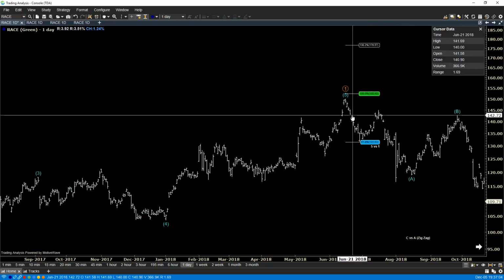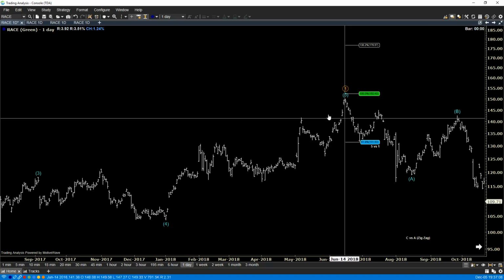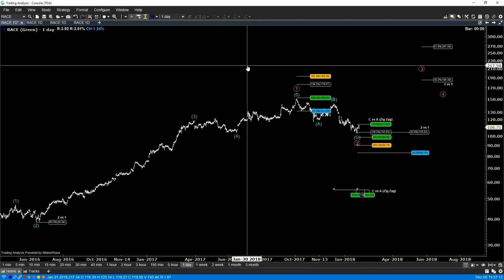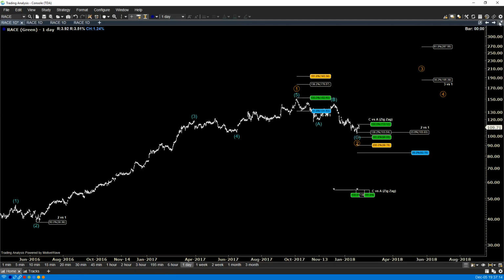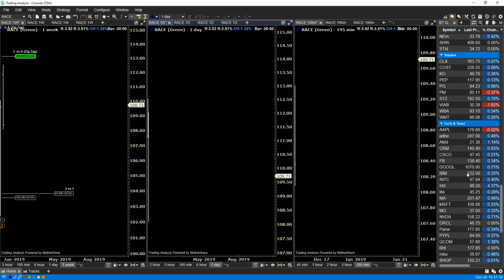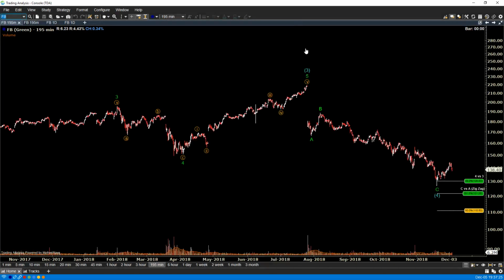Equality was 152.40. We ended 149.85. Great example of equality of 5 and 1. You guys have seen the 61.8% wave 2 retracements numerous times in our wave counts.